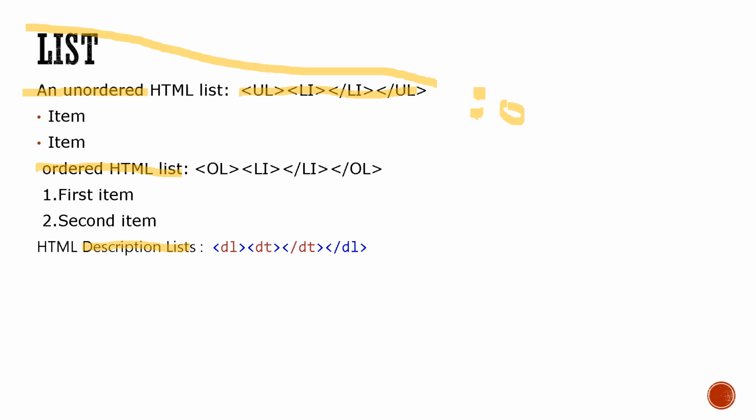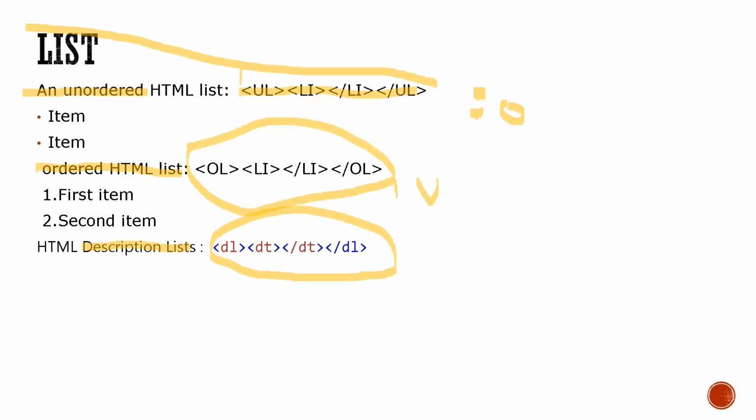An ordered list is displayed by numbers or Roman numerals. A description list is made of descriptions, and this was the format of writing the description list. This is for the ordered list, and this is for the unordered list. These are the three lists in HTML.